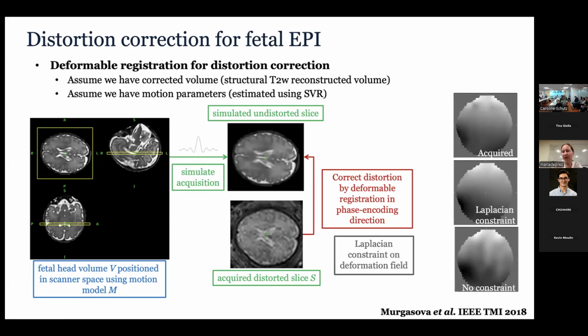And here you can see this is the acquired field map, and this is the one from the registration. And this is if it's constrained to only the phase encoding direction, but without the Laplacian constraint. If it was in 3D, some people just use 3D, you get lots of ups and downs everywhere. It's just not very good quality. So that's why we found that constraining it really improves the performance, and it does work quite well.